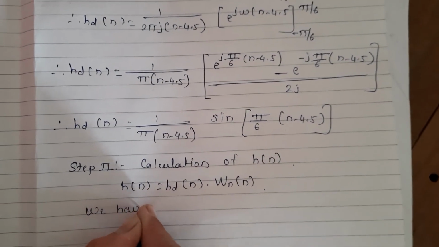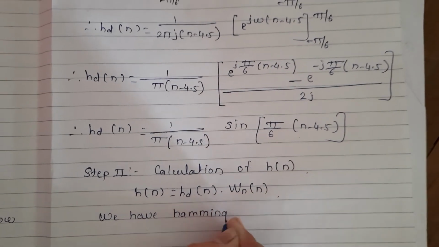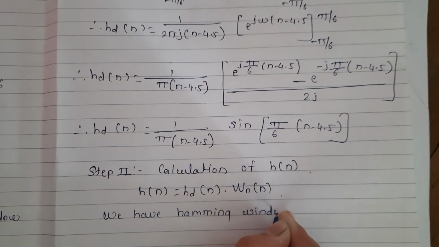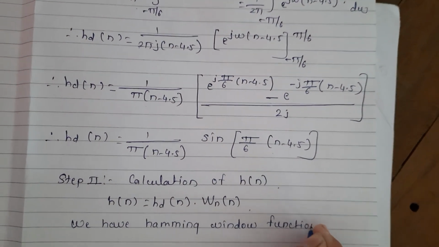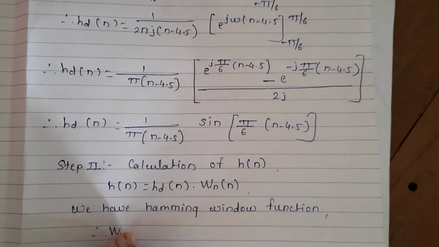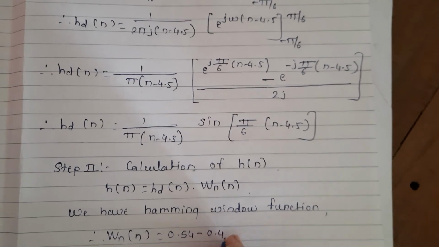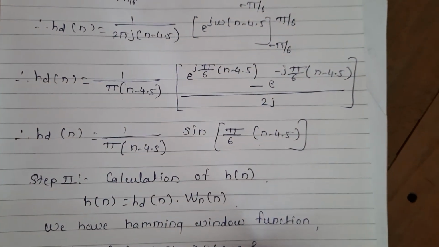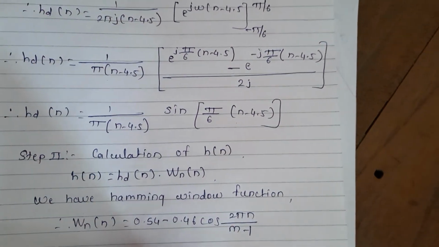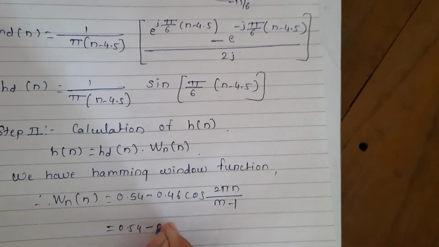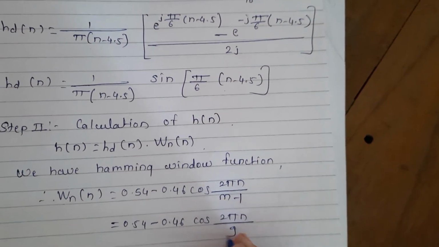Therefore, w of n is equal to 0.54 minus 0.46 cos of 2 pi n by m minus 1, that is equal to 0.54 minus 0.46 cos of 2 pi n by 9.